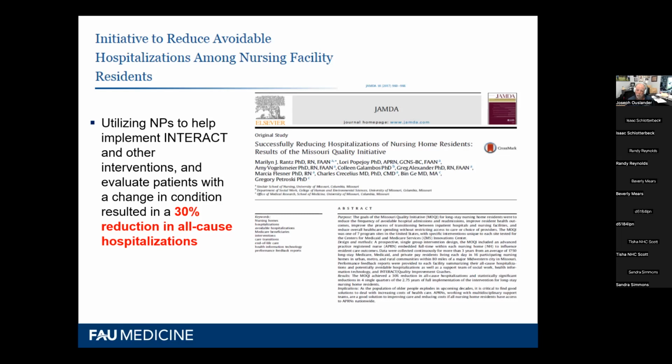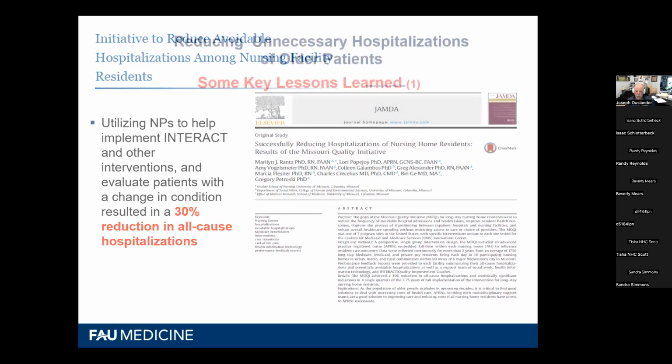And during the course of this study, they had a 30% reduction in all-cause hospitalizations. That's an enormous effect. So I think this is the way we would envision optimally implementing the Interact program. It does require extra staff. It was grant-funded staff, but it was also very effective.